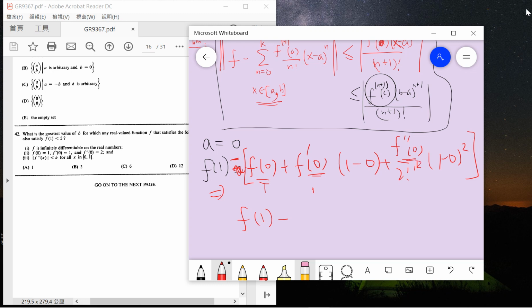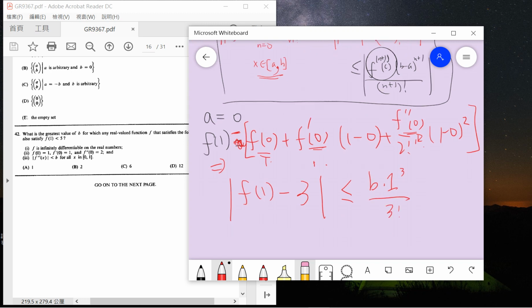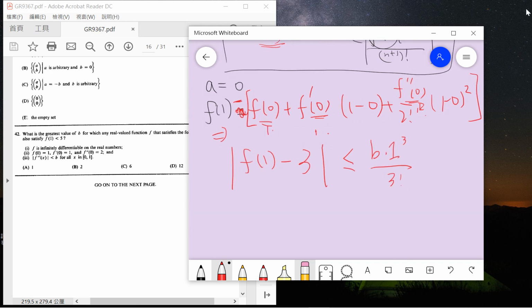This is 2. So we have 1 plus 1 plus 1, so it's f(1) minus 3. This must be bounded by the third derivative. So the third derivative is bounded by b, which I don't know, and b to the third over 3 factorial. So we have f(1) minus 3 is bounded by b over 6.